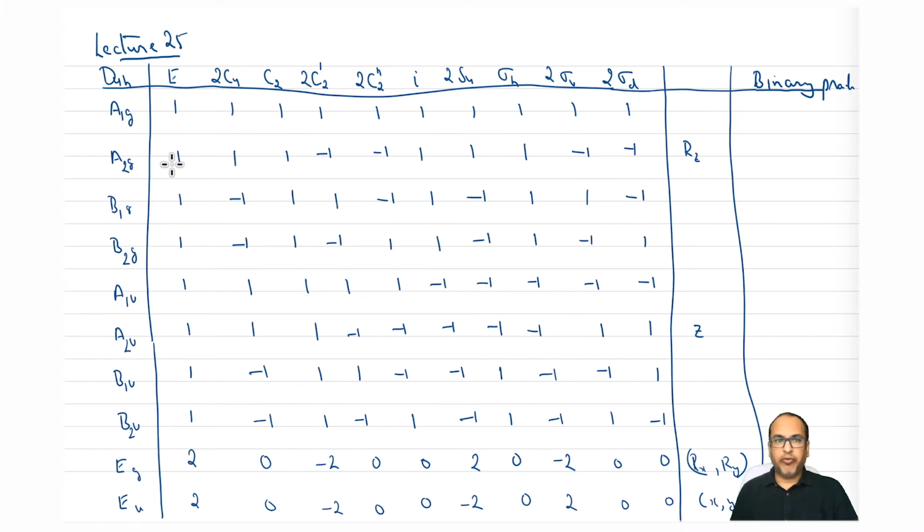And why are binary products important? Because we want to see how d orbitals transform under different symmetry operations. Certain functions, or certain binary products, actually have similar properties as d orbitals. So let us look at that. For example, dz square has the functional form 2z square minus x square minus y square.